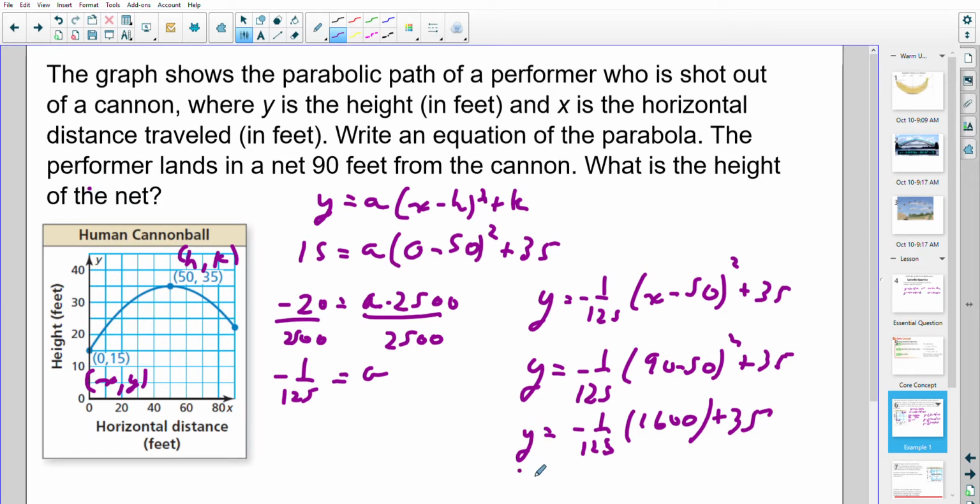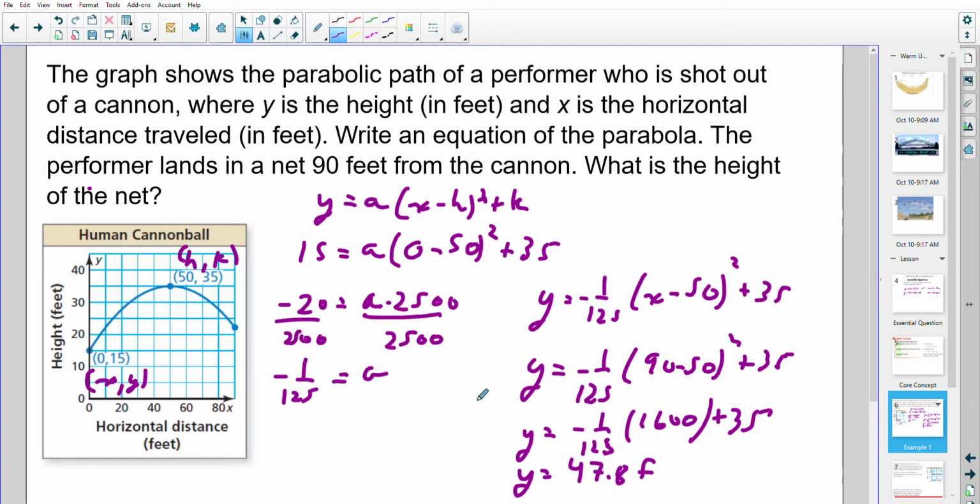So y has to be a height of 47.8 feet high. The net has to be a height of 47, which tells me that, you know what, that is a mistake somewhere because it's not up here. It's got to be down here.